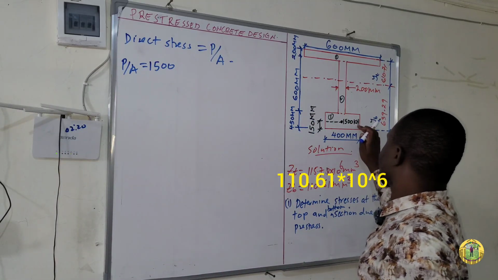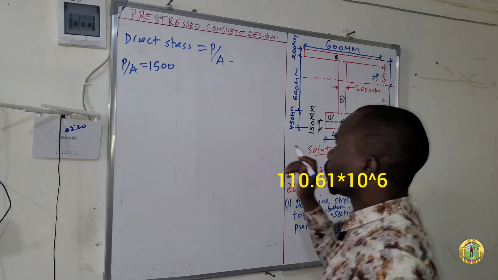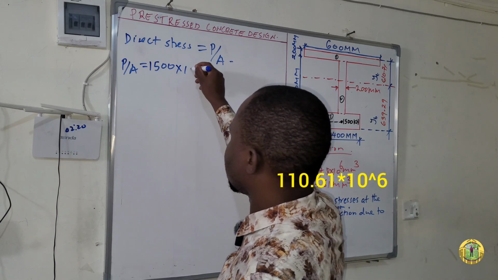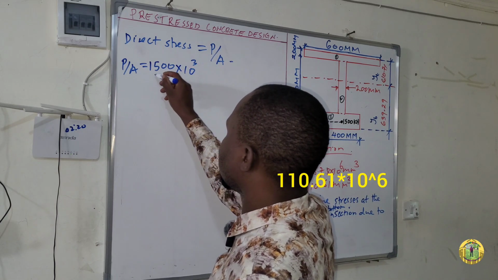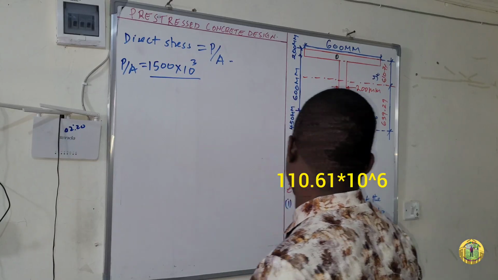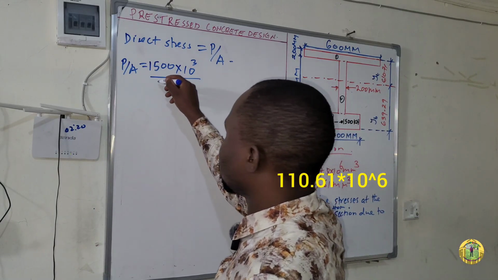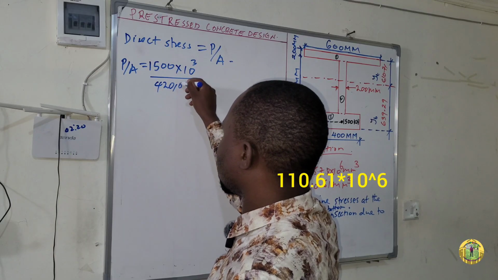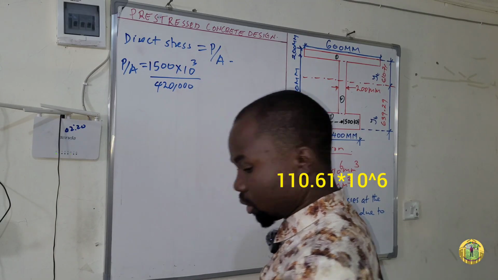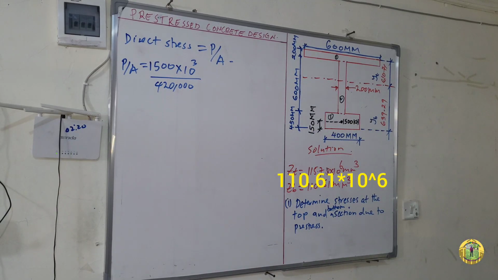You will change from kilonewton to newton, so you multiply by 10 to the power of 3, then divide by area. Our total area is 420, we already calculated this. Then you carry out the operation.